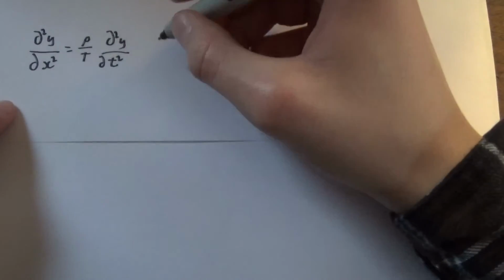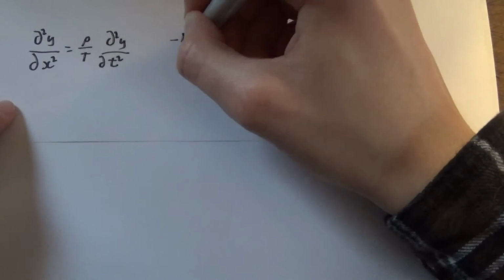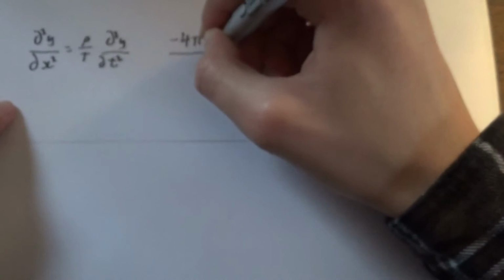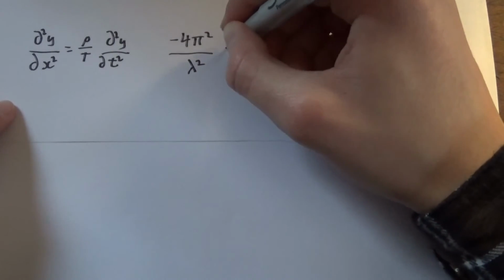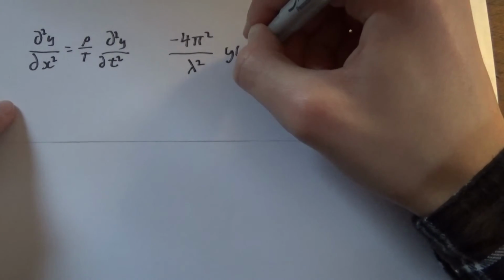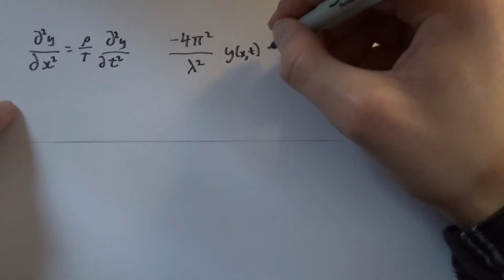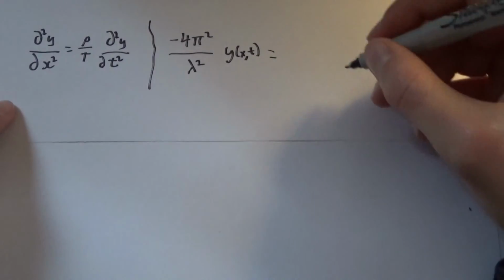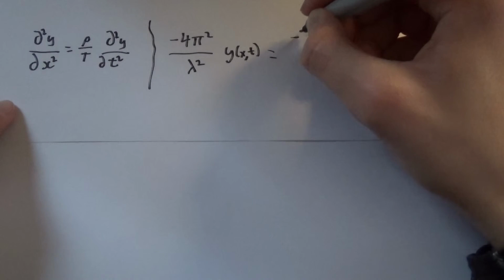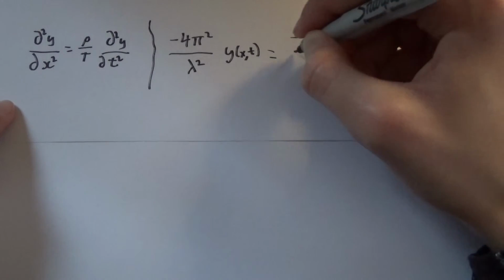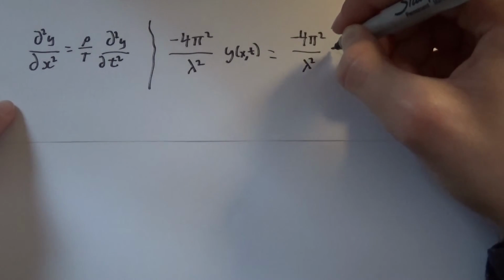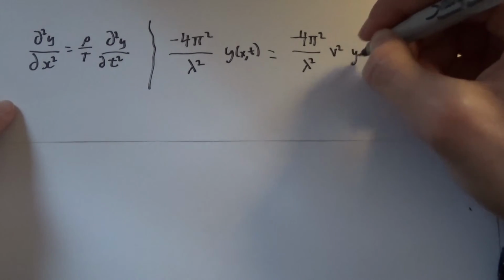Negative 4 pi squared over lambda squared y equals negative 4 pi squared over lambda squared v squared y.